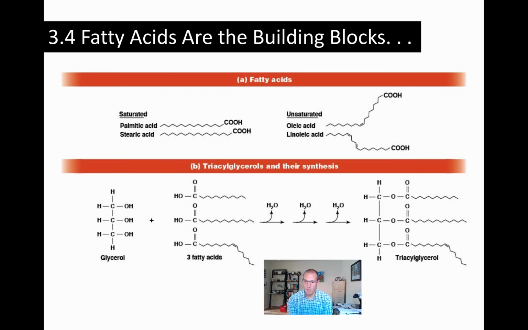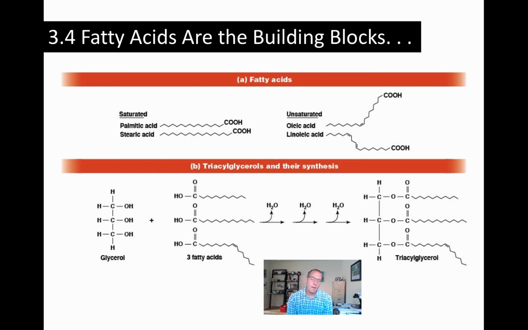But that discussion aside, we have an acidic carboxylic acid group, so they can donate a proton to solution to become COO-, and then we have a long fatty acid chain. The chain lengths are variable, and they range from about 12 to 20 carbons in length.